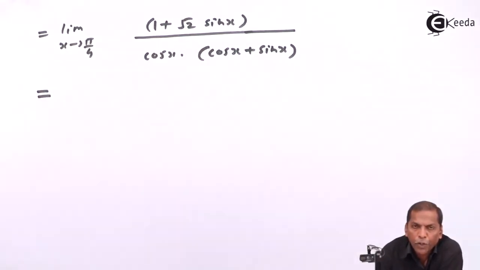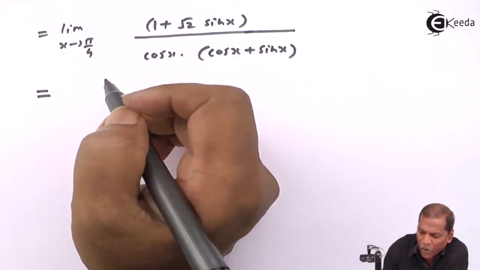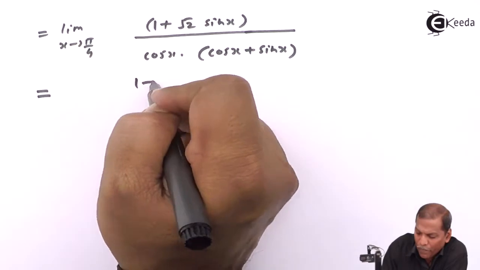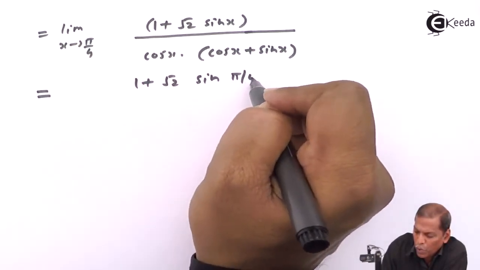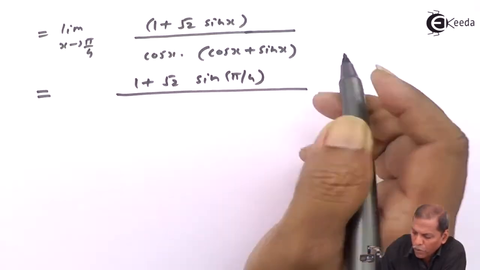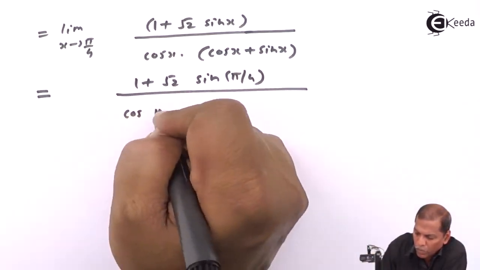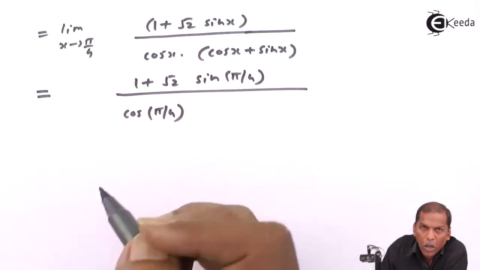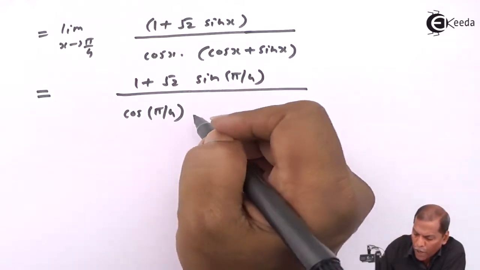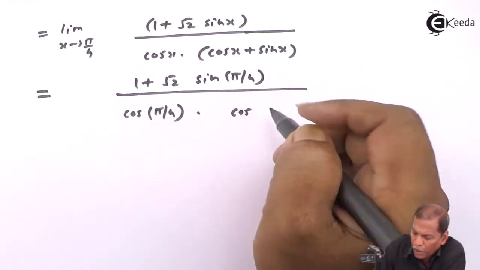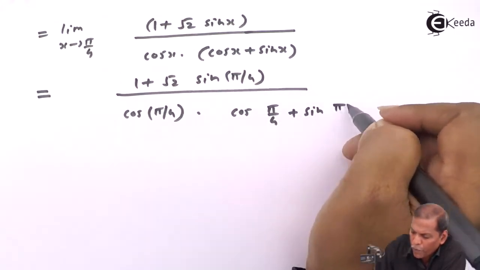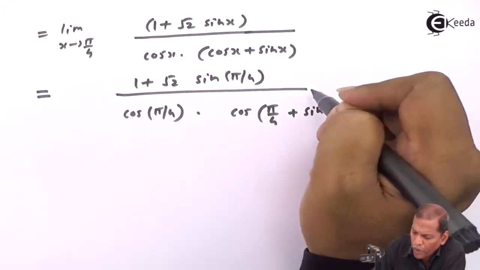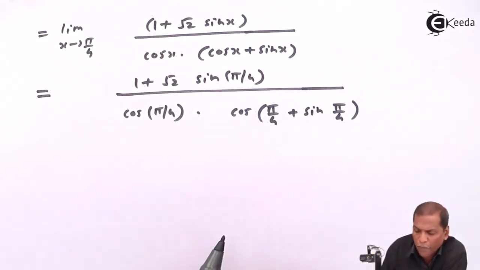Now here we substitute the limit x equal to pi by 4. So the next step will be (1 plus root 2 into sine of pi by 4) upon (cos of pi by 4) into (cos of pi by 4 plus sine of pi by 4).